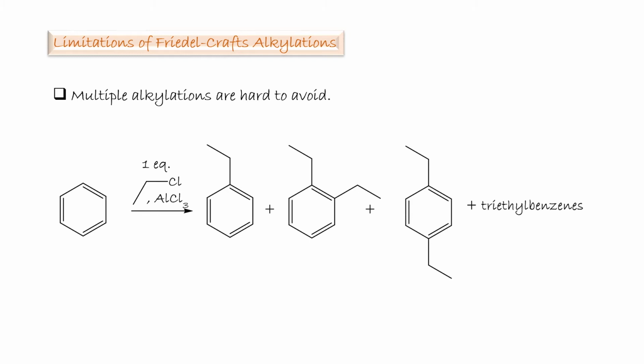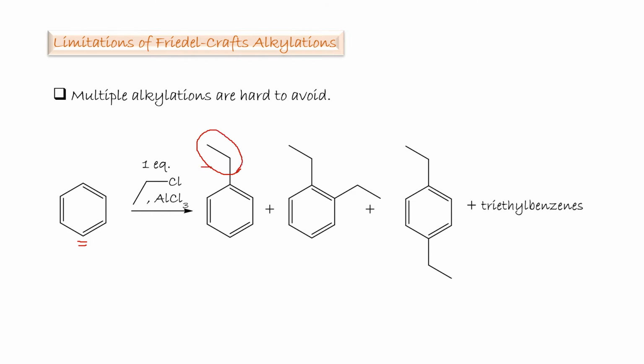What is the limitation of Friedel-Crafts alkylation? The first limitation is that multiple alkylations are hard to avoid. Since you react benzene with alkyl halide in the presence of aluminum chloride, you form alkylbenzene.